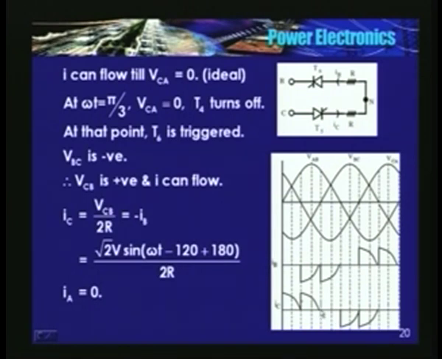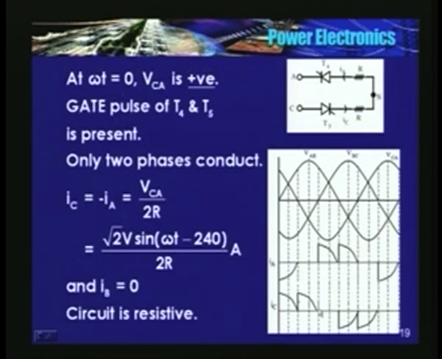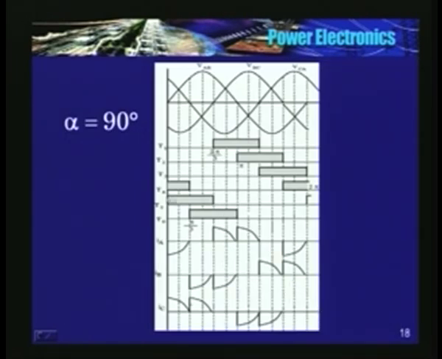So till here I have shown the gate pulses for T5. See this figure. At this point I have shown the trigger pulses for 5. And at that point T1 gets triggered. 1 and 6 will conduct.